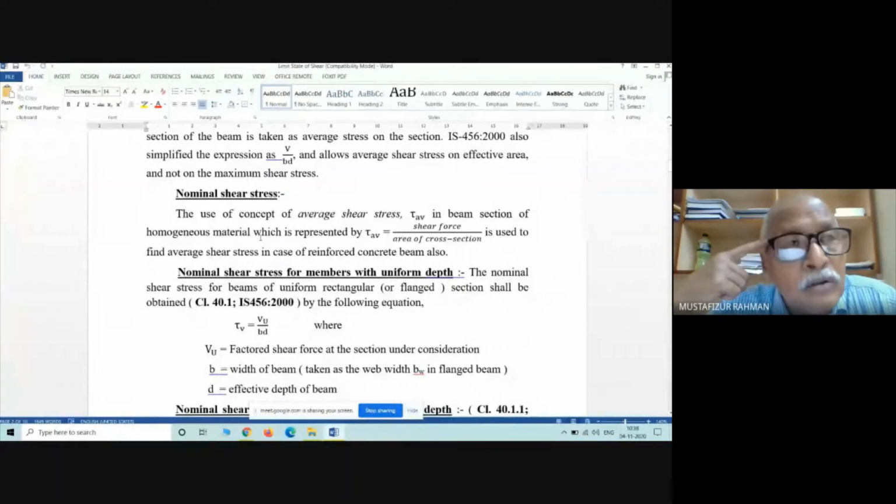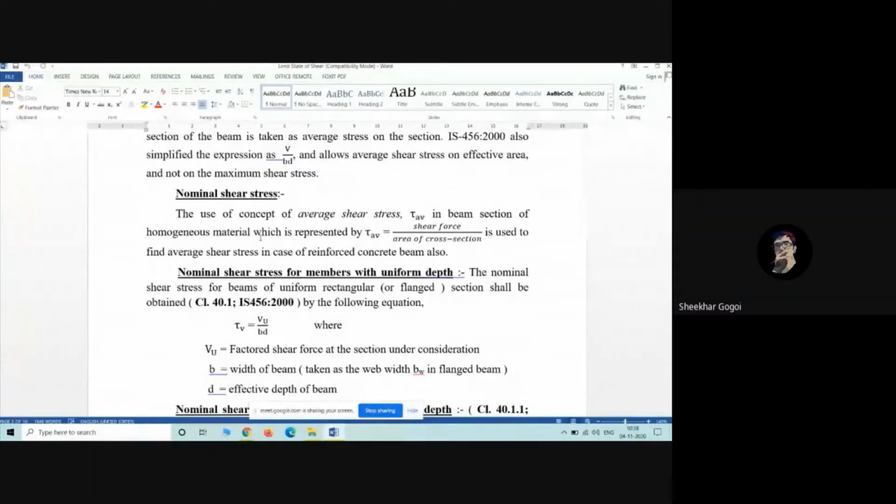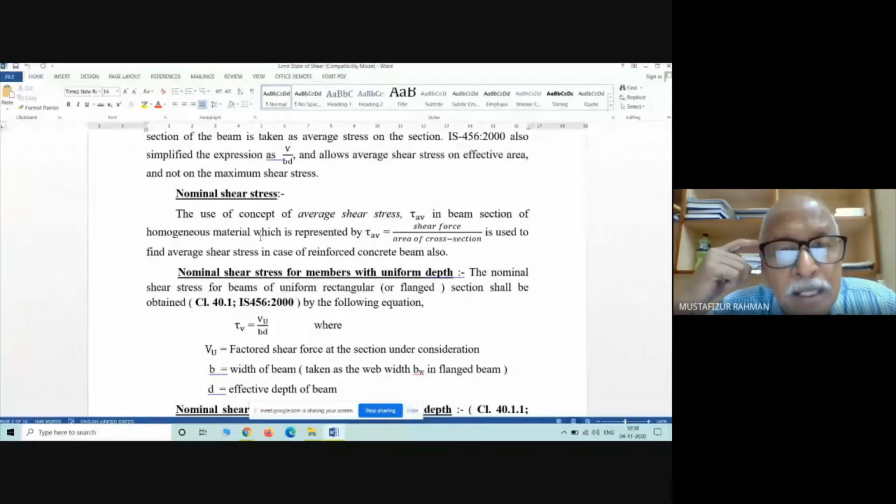Did you try to download this code? You downloaded this code? Yes or no? Yes, sir. So after downloading, did you go through it just like a novel?